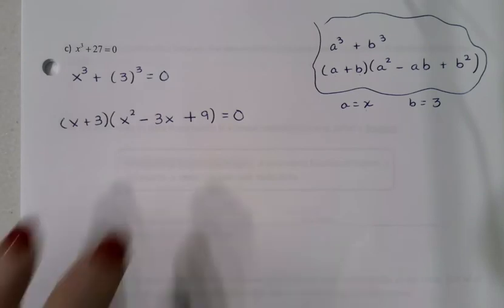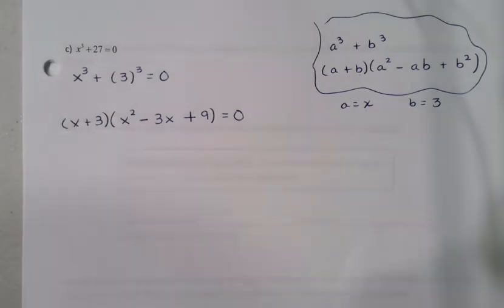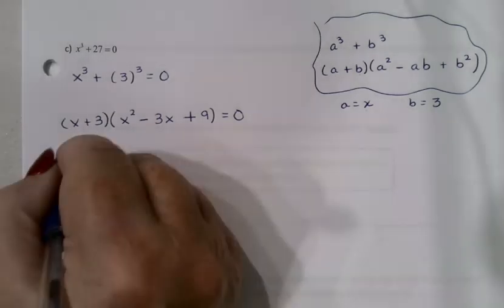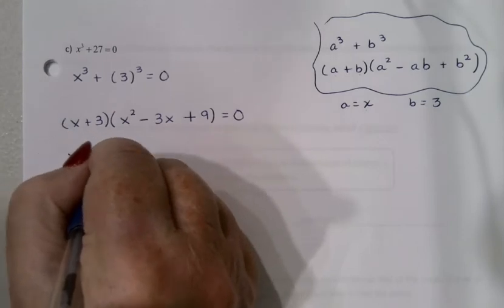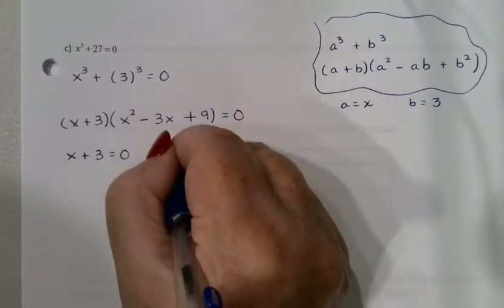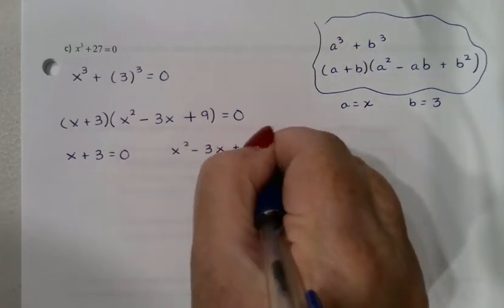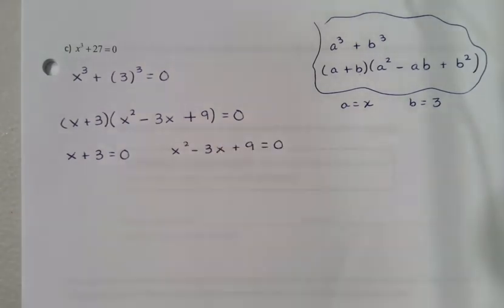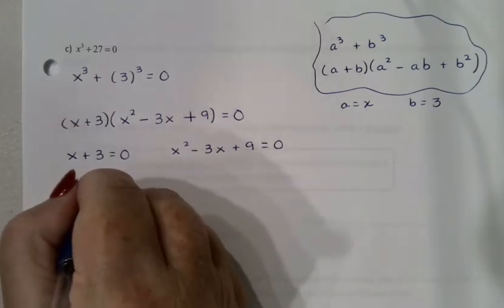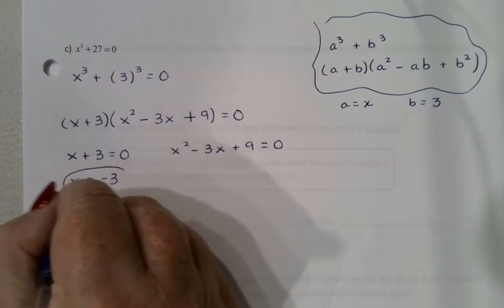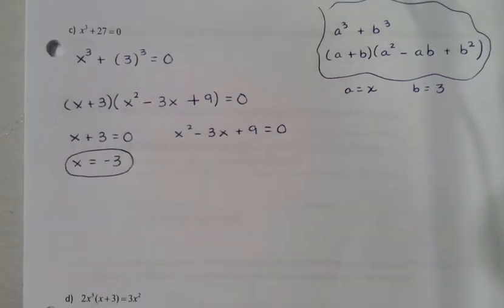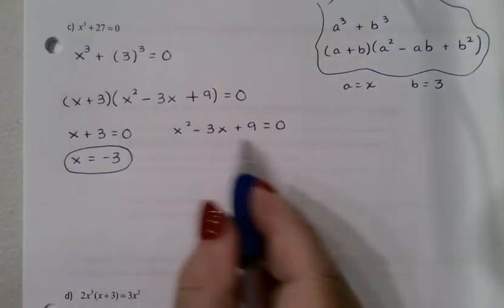And once again, linear and quadratic, definitely know how to solve both of those. So I have x plus 3 equals 0. And then I have x squared minus 3x plus 9 equals 0. My first solution is x equals negative 3. Then I have this quadratic.